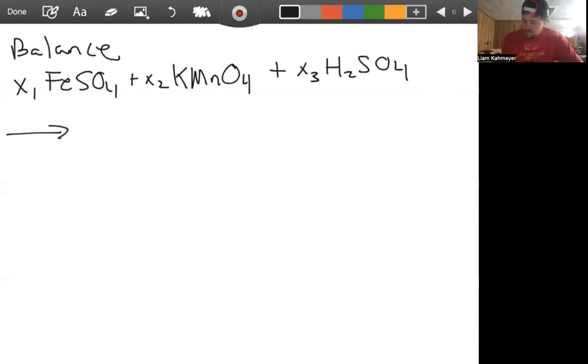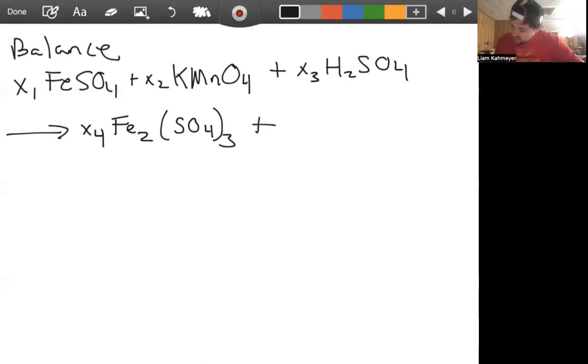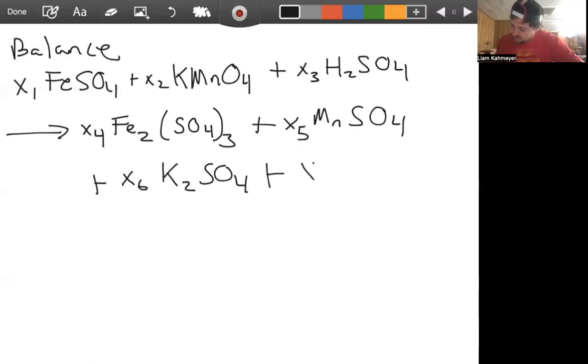And this reacts, and you get X4 Fe2(SO4)3, and we have 3 SO4 molecules there, plus X5 MnSO4 plus X6 K2SO4 plus X7 H2O.